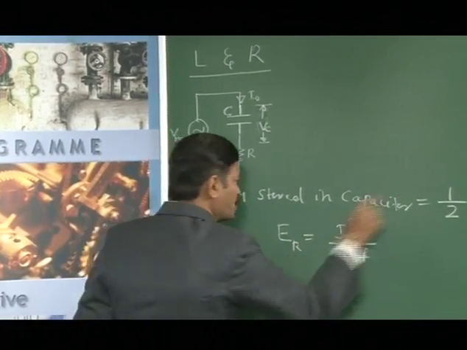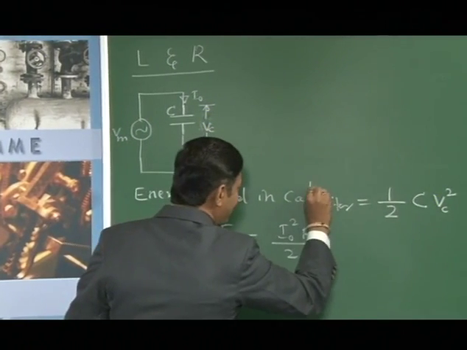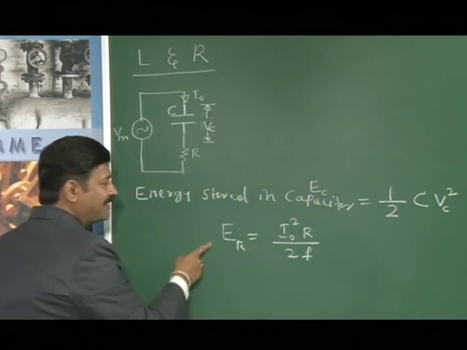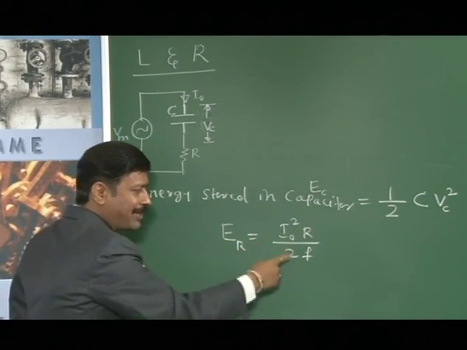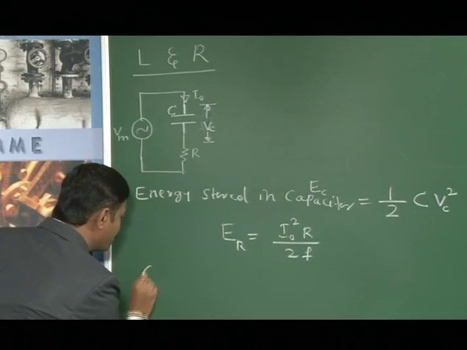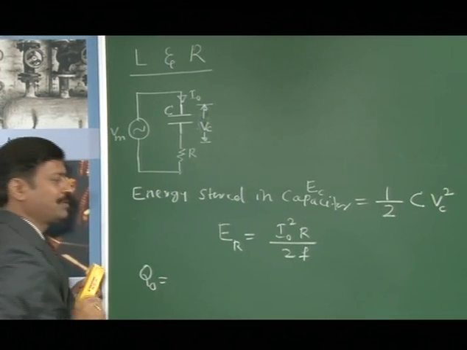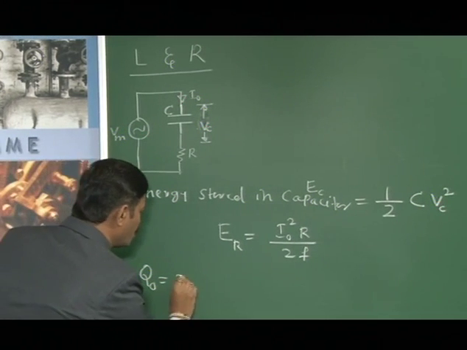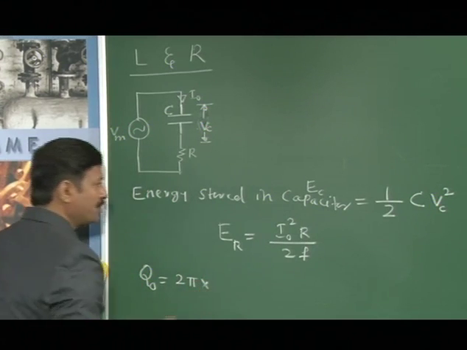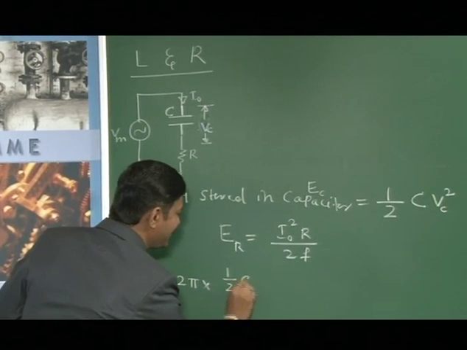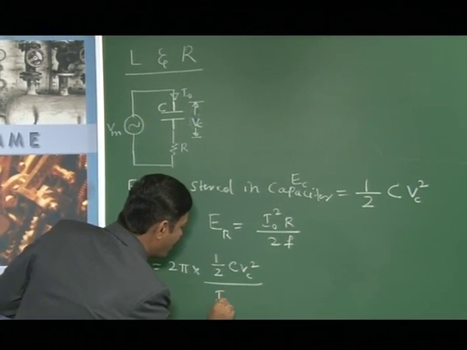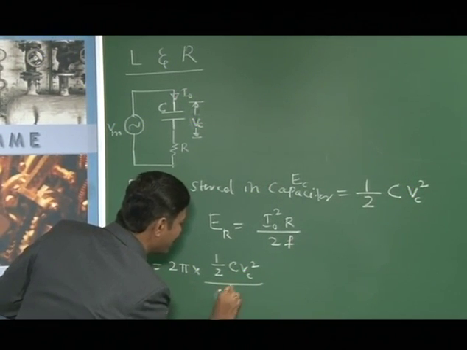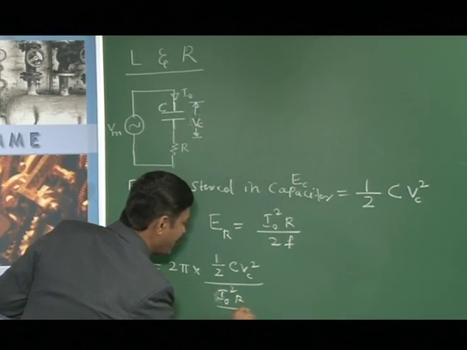Substitute these two, energy stored in capacitor, which I will call EC, and the energy dissipated in the resistor, I naught square R by 2F. So you substitute in the Q naught expression: 2 pi into half C Vc square divided by I naught square R by 2F.